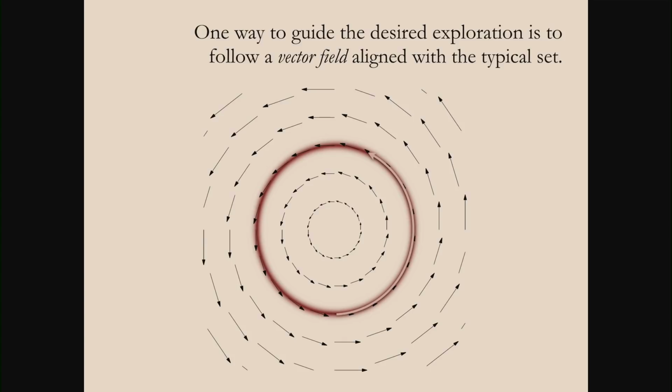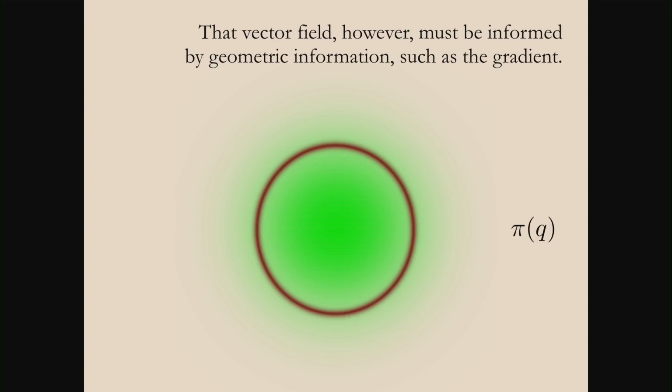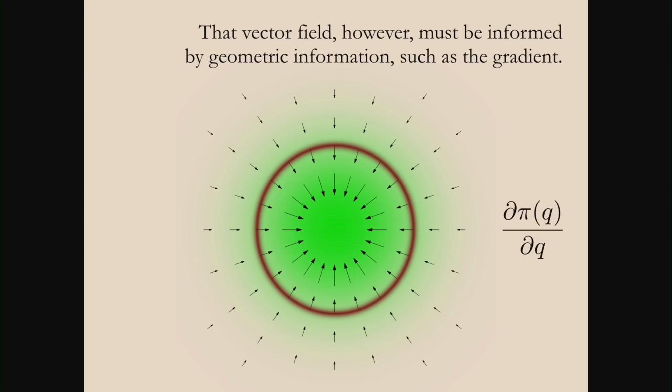Now, this may not seem like we've done anything better. We've turned the problem from these trajectories we can't construct to a vector field we can't construct. But this vector field is actually a little bit closer to reality, because I know how to construct a vector field that incorporates information about the target density. So if I specify my problem with the target density, which of course is largest at the mode and then decreases as we move away from the mode, and we have the cartoon of the typical set around it, the gradient of this density is a vector field.